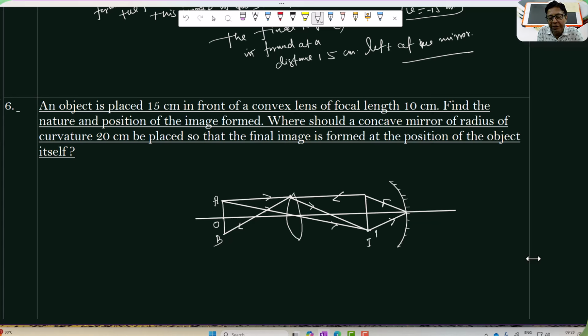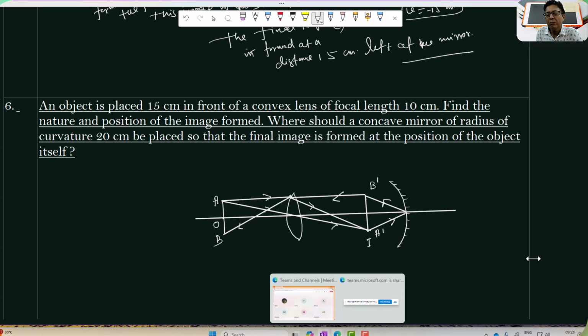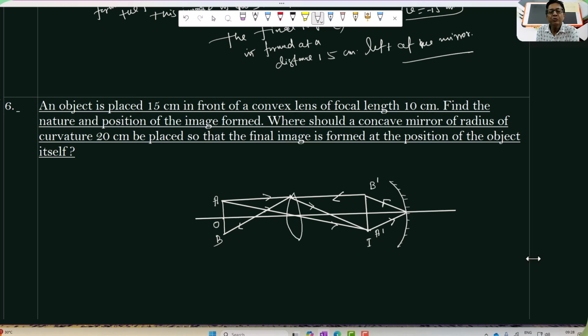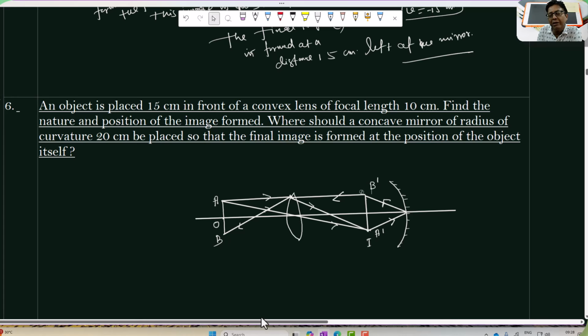The point A will be coming at A dash. And this is B dash. So the image is A dash B dash of AB. Now the ray has to come back to the same object here to get the position of the image. Now check whether this diagram will be supported by numerical calculation or not.